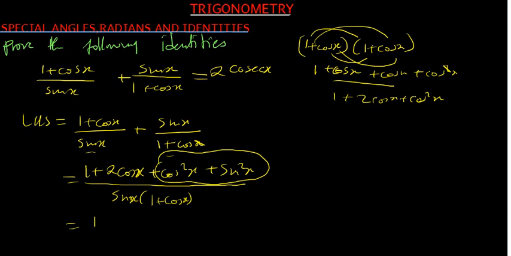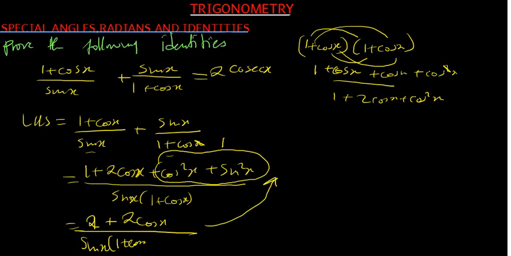So this will be 1 plus this 1, that is going to give us a 2. And then plus this one which is here, which is 2 cos x, and then divided by sin x (1 plus cos x).